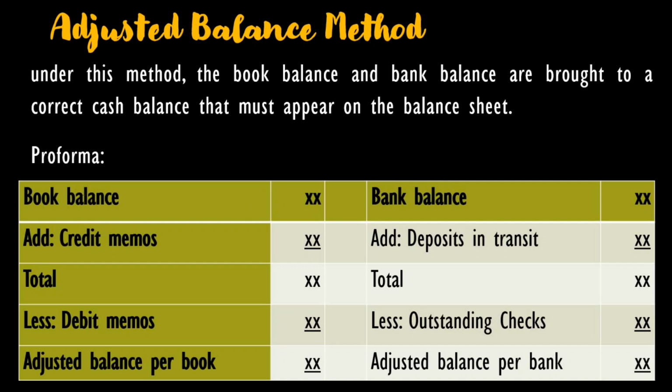So, mag-start ka with your book balance, tapos idagdag mo yung mga reconciling items, mga book reconciling items. So, sabi natin, yung credit memo, di ba, ang effect, na-reflect na sa bangko, pero wala pa na-reflect sa ato ang record sa book.